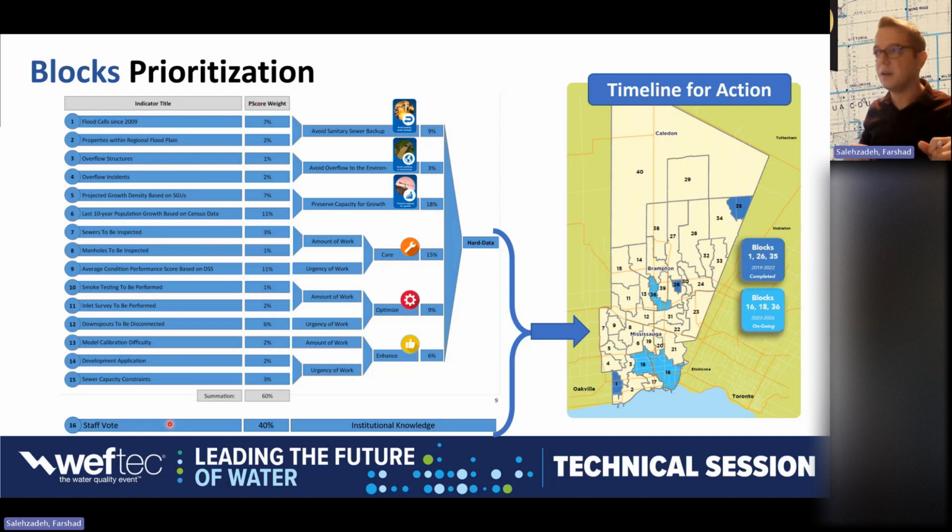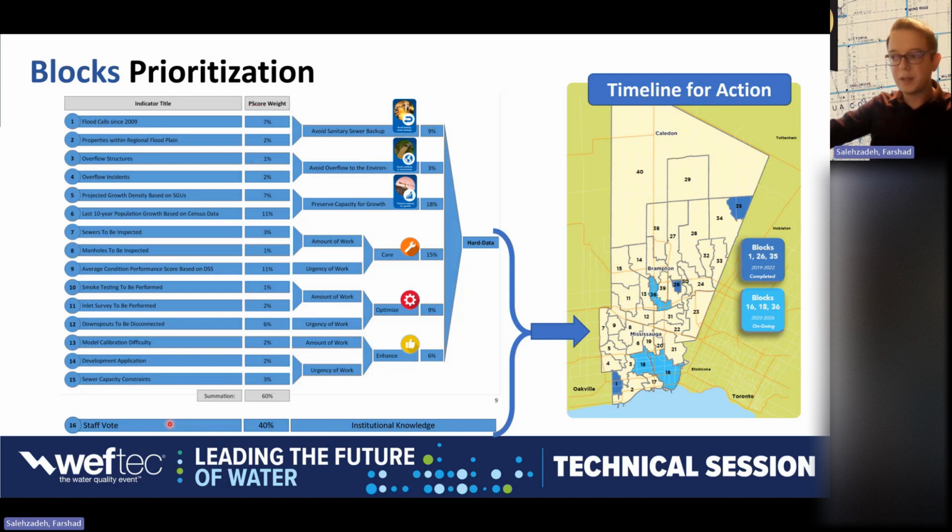You can look at the properties that are within the floodplain, how many of them are there. You can look at the number of overflow structures. There's a list of 15 of those on the screen. These are all quantitative factors that you can go look at each block, score them, and then if you put them all together, it's going to give you one value. But that's not all.